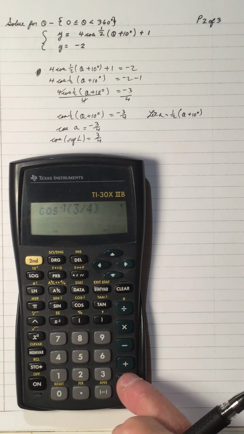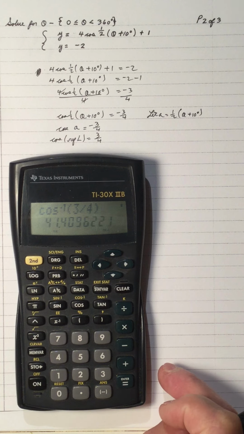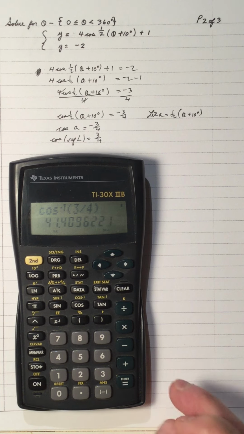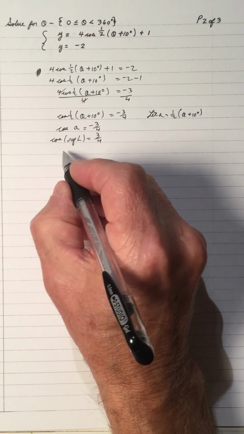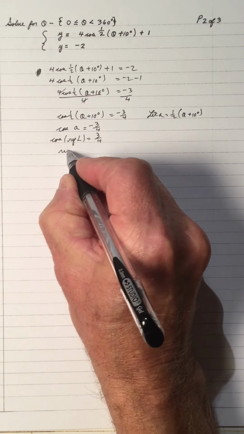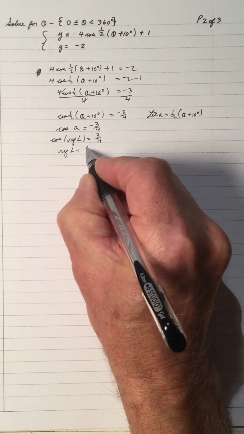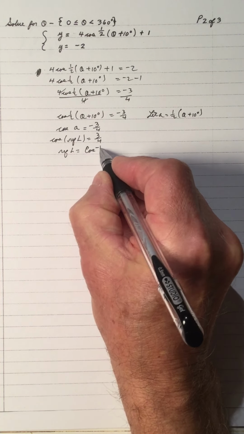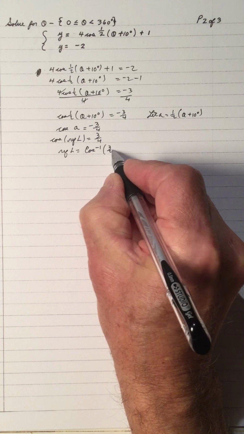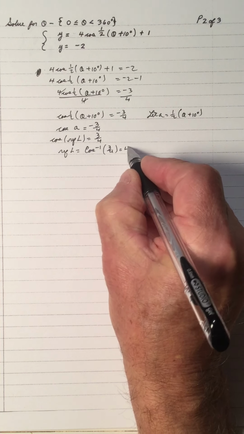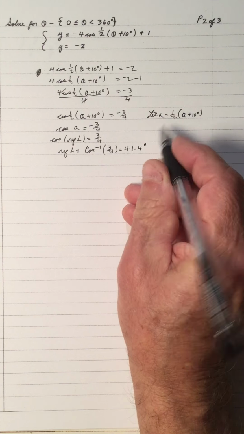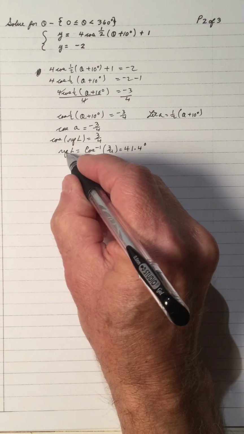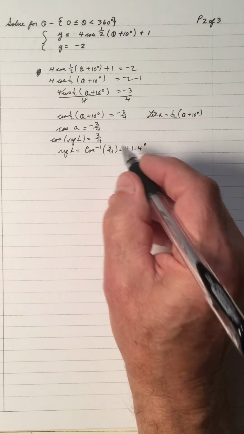That gives us 41.4 degrees. So the reference angle is cos to the -1 of 3/4, which comes to 41.4 degrees. Notice the difference: I had to use the calculator to determine this reference angle.